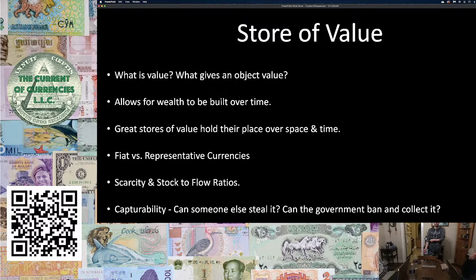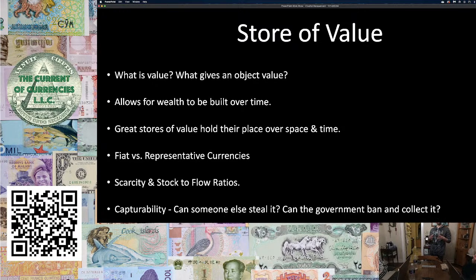We were on a representative standard called the gold standard. I'm sure you've heard of that before. And we got taken off of that in '71 because we outgrew it, honestly. We were lending and borrowing too much, and the amount of money that we needed to continue to grow our economy, we didn't have the amount of gold to represent that. So we ended up switching to a fiat currency.